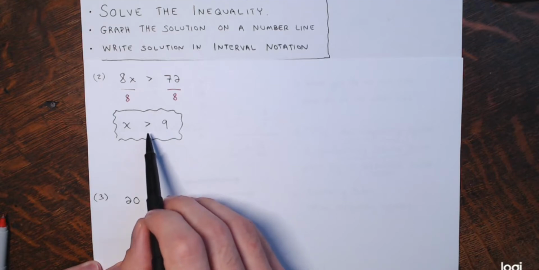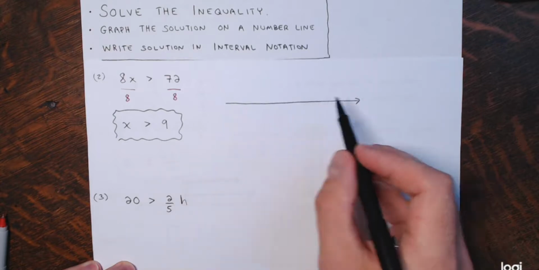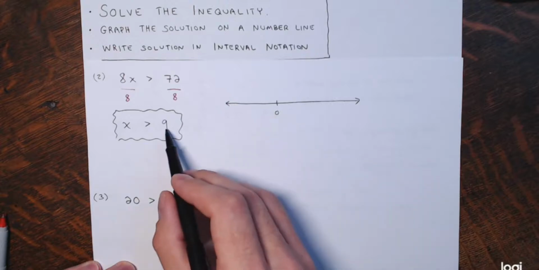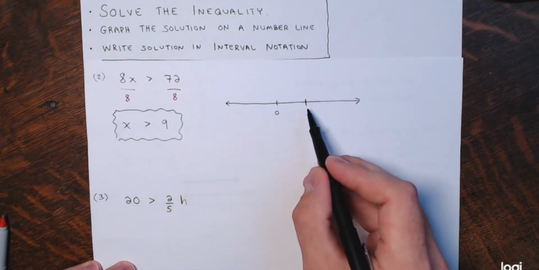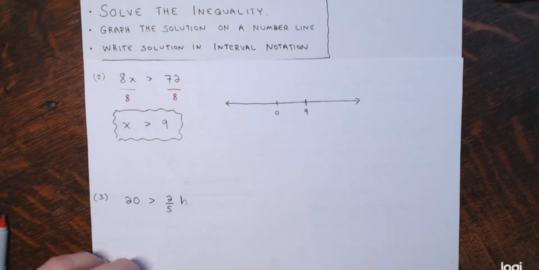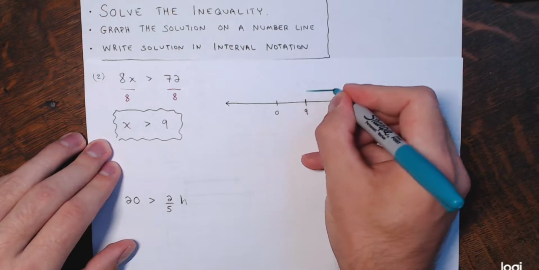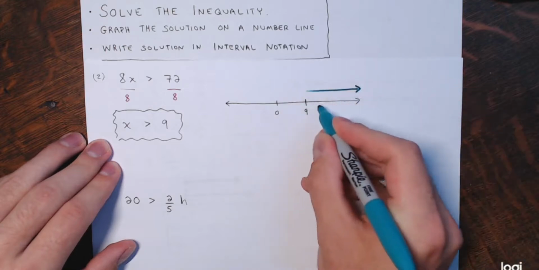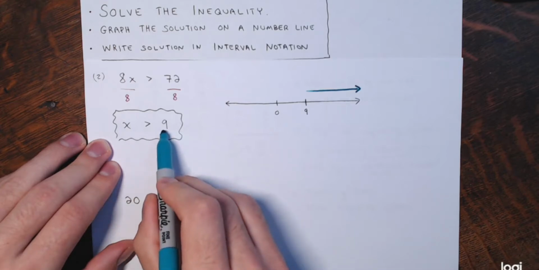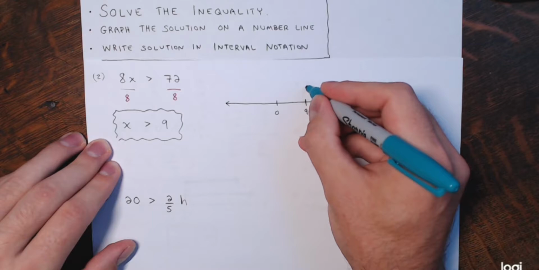So when I do the graph, here's a number line. Just say here's 0, and the number 9 would be to the right of 0 somewhere. Let's say here. Just mark off the number 9. All the numbers greater than 9 are to the right of it: 10, 11, 12, and so on. But not equal to 9. 9 itself is not a solution. So one way to indicate that is with a parenthesis.